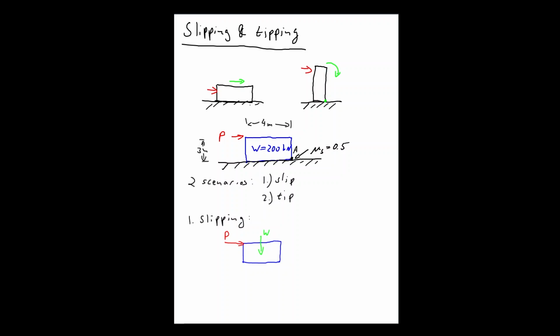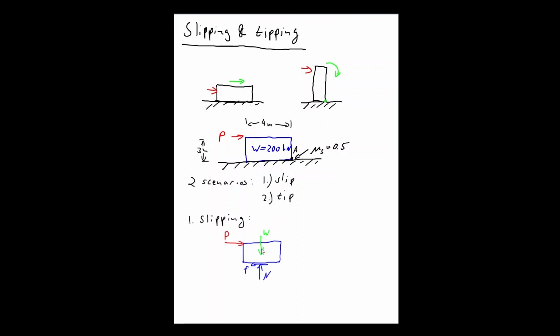Well, of course, a friction force. The force is pushing the box, it wants to move toward the right, so my friction force has to act towards the left. And then, of course, the normal force is acting perpendicular to the surface. So with that, we have our free body diagram. And how many unknowns do we have? Well, we don't know P, we don't know N, and we don't know F.